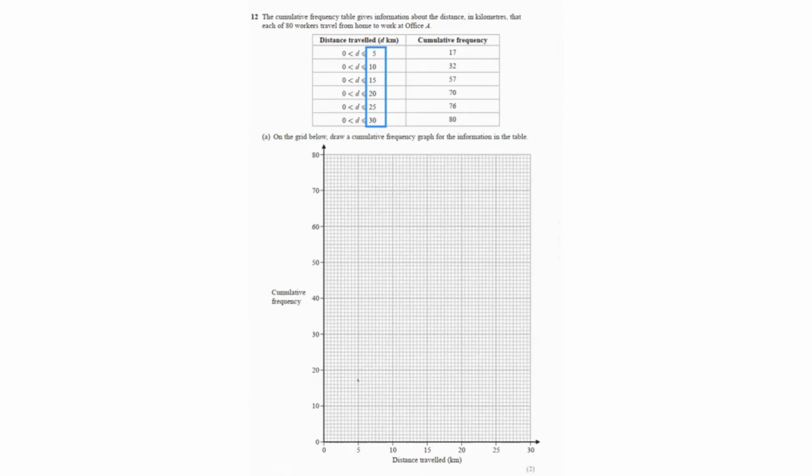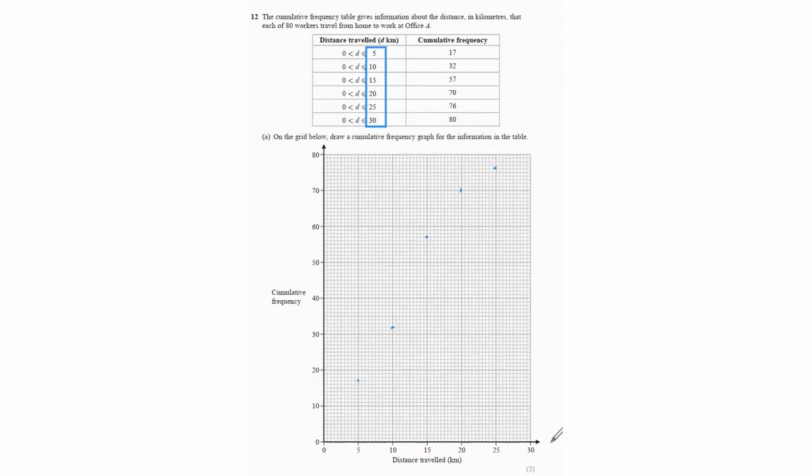So let's plot the points. When D is 10, Y is 32. When D is 15, Y is 57. When D is 20, Y is 70. When D is 25, Y is 76.